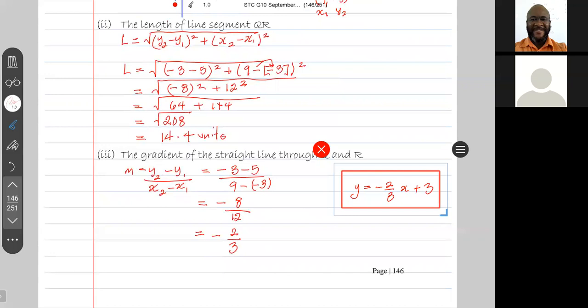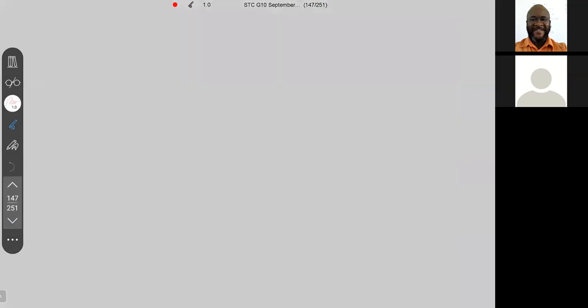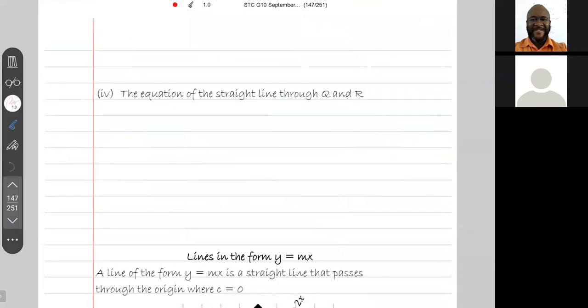Let us get the equation of the line using the formula. The formula is y is equal to m into x minus x naught, plus y naught. The input for the formula m is minus 2 over 3.